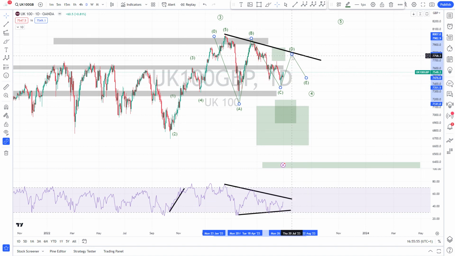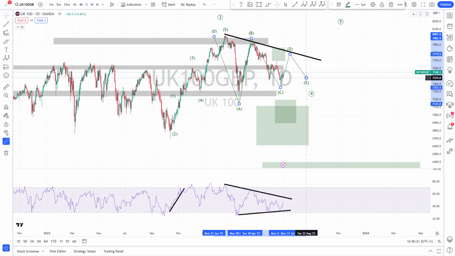And as a trader, for short trades, it will be a matter of interpretation of the lower time frame, and going short is still okay, because our wave D is not in place yet, and if it is in place, we still have to make an E to the downside.